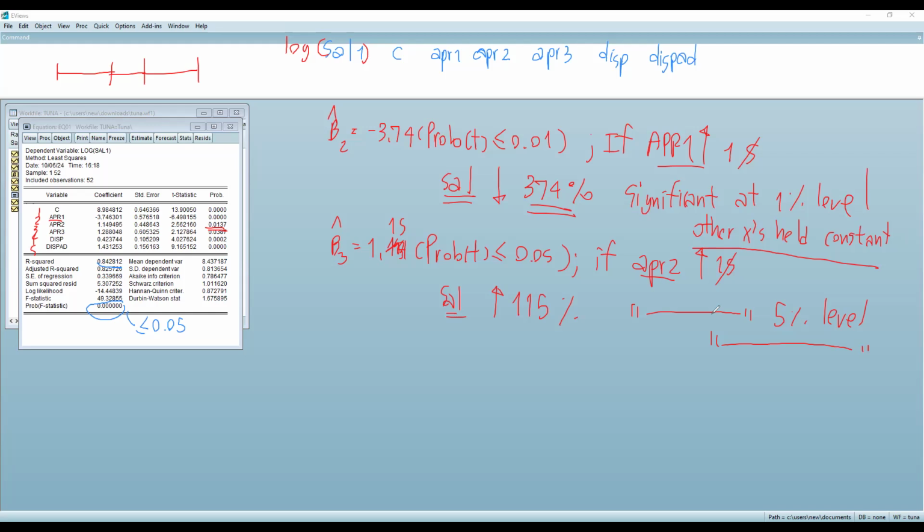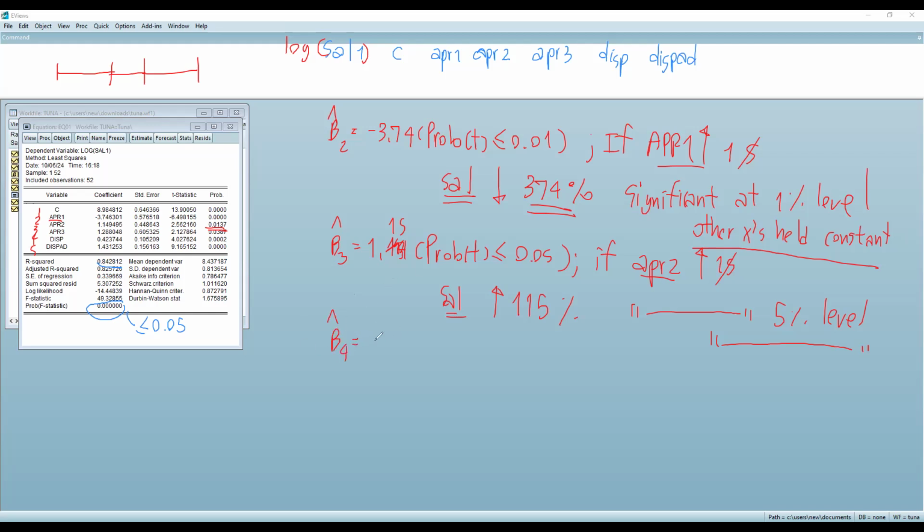The reason? Competitor. Yes, that's correct. Because your competitor increases their price, the consumer will come to buy your brand instead, they will shift to consume your goods instead. So this positive sign makes sense.